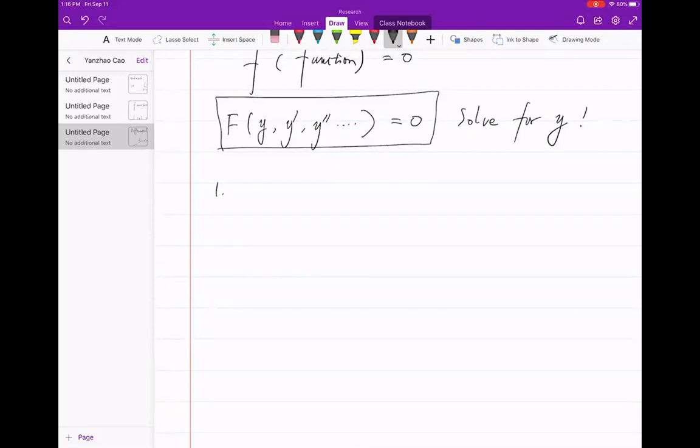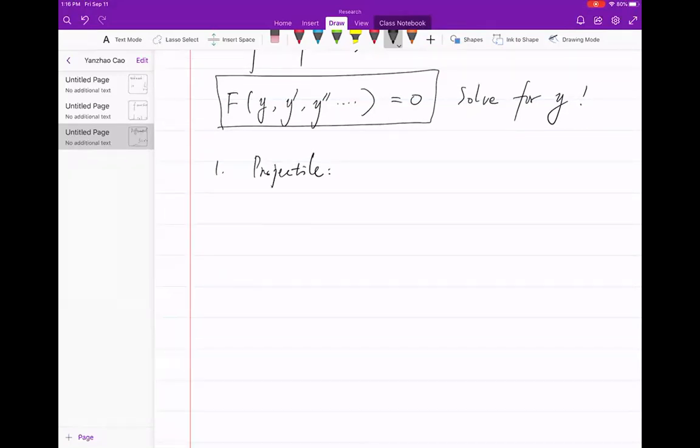Let's see some examples. The very first one, projectile. A classic, easy differential equation. It comes from F equals ma. What you're trying to do is simply throw some object, and that thing is going to follow a parabola and eventually hit something like this.